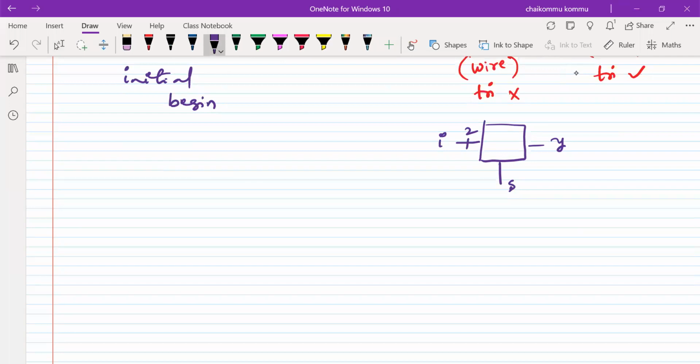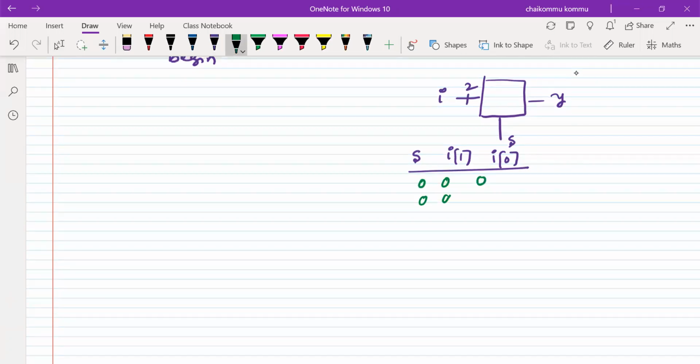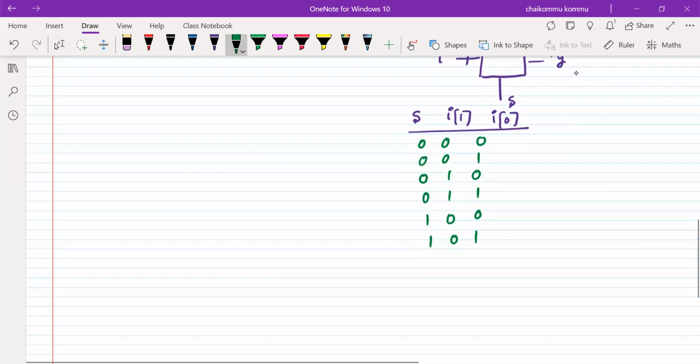First s, then I1, then I0. That means altogether we have 3 signals. For these three signals, I need to mention the combinations: 0 0 0, 0 0 1, 0 1 0, 0 1 1, 1 0 0, 1 0 1, 1 1 0, 1 1 1.